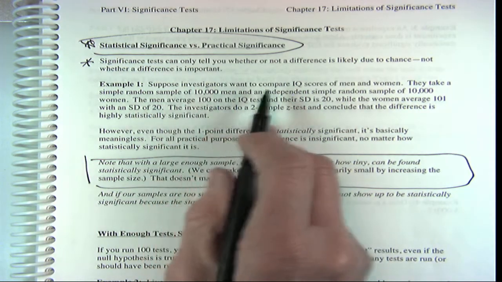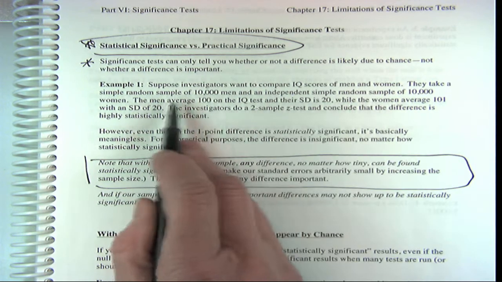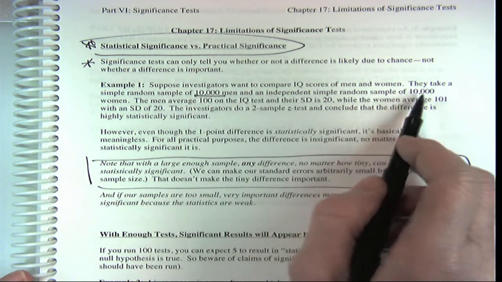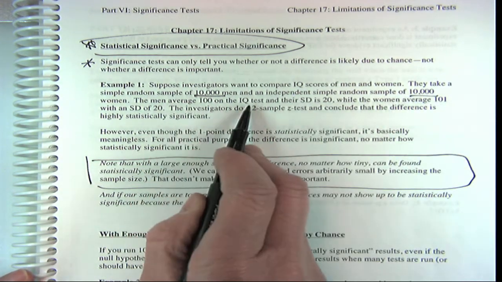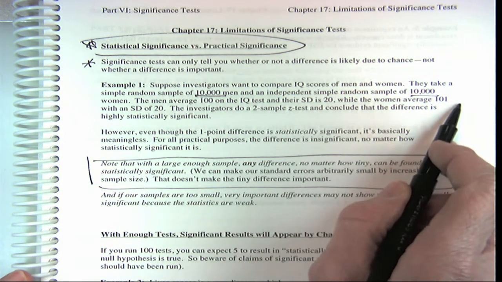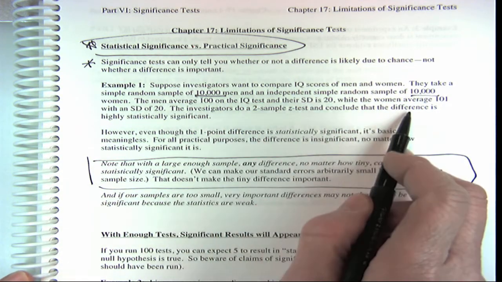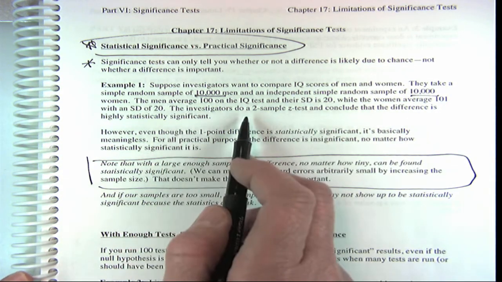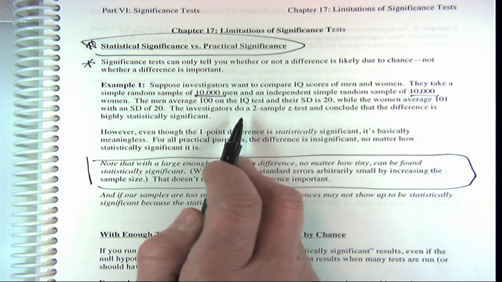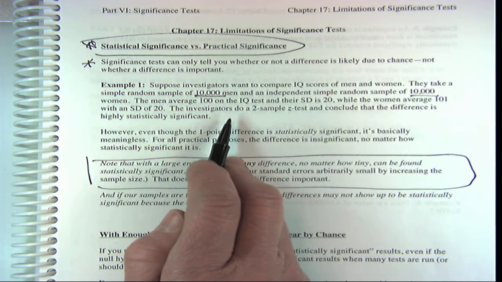All right, so suppose investigators wanted to compare IQ scores of men and women. They take a random sample, a huge sample, and the men average 100 on the IQ test with a standard deviation of 20, and let's say the women average 1 point higher. They do a 2-sample z-test and conclude the difference is highly significant. But who would care about a 1-point difference? It's significant, but it's meaningless in terms of what we care about.